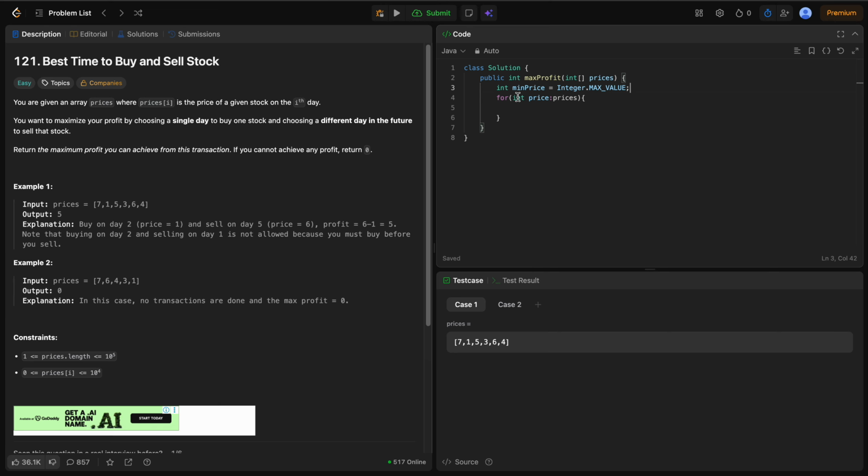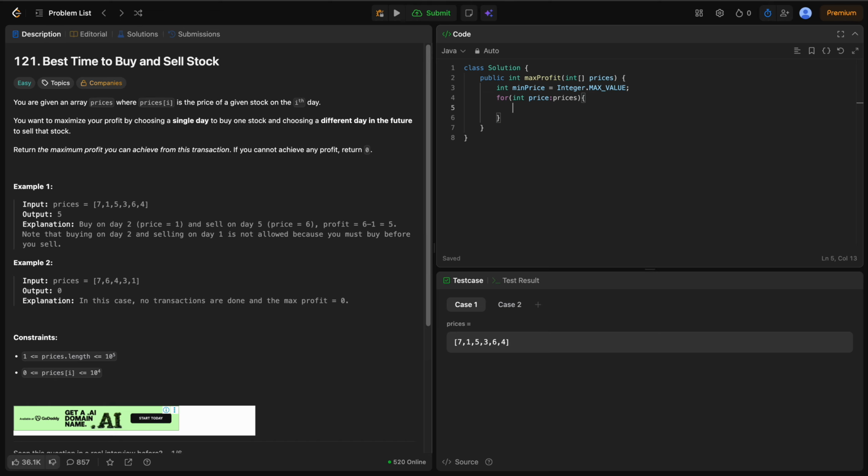If we need to find the max value, then initialize with the min value, because at every instant I need to compare, right? So that means this is the max so far.